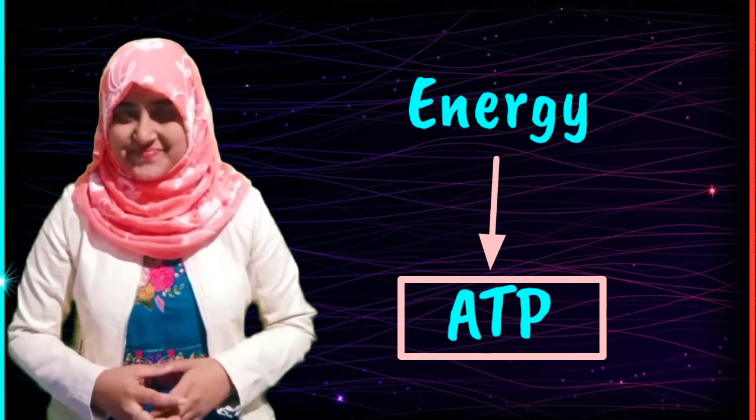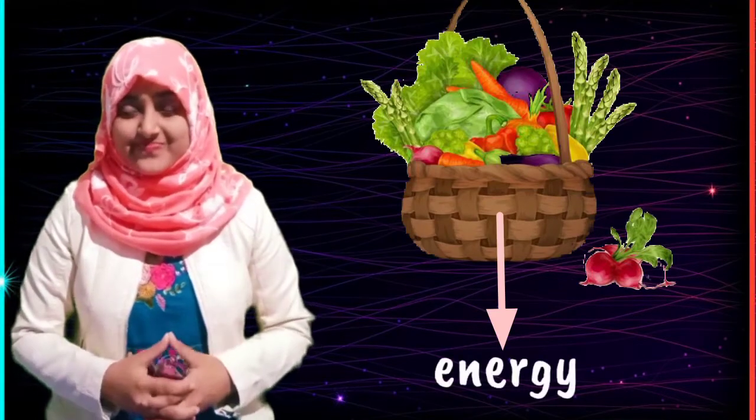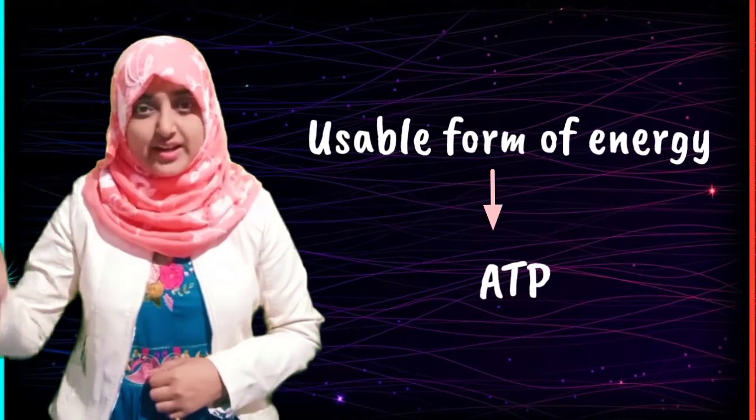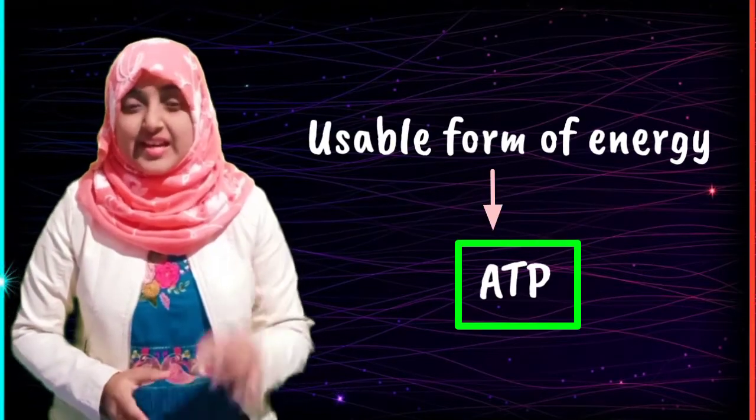Well, what is this ATP? New word, right? Well, we all know that the food that we eat gives us energy, but that energy is actually not in a usable form. So the enzymes that are present in this mitochondria will convert and store it in the usable form of energy called ATP.